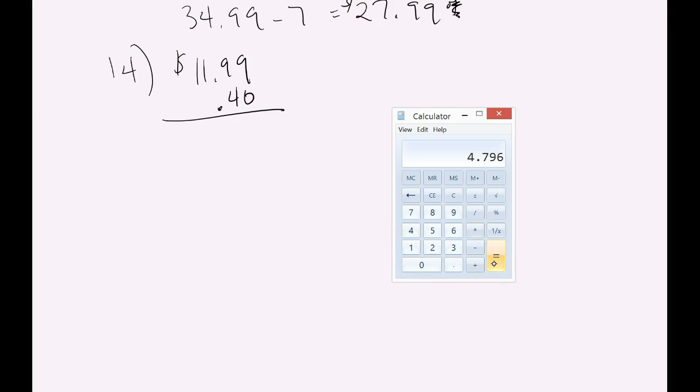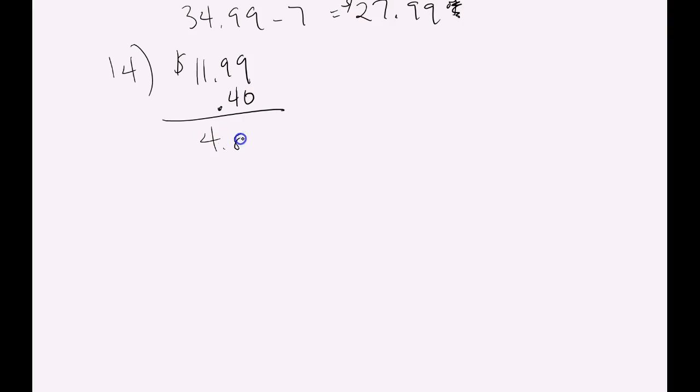And my discount is $4.796, which means it'll round to $4.80. So what do you do with that $4.80? Well, that's your discount, so you subtract it from the original price. So bring down the 9, that's a 1, and what's 11 minus 4? That would be 7. So $7.19 is the new price.